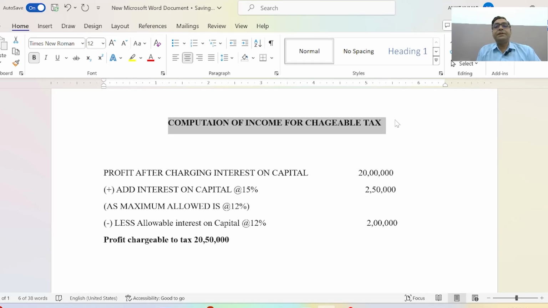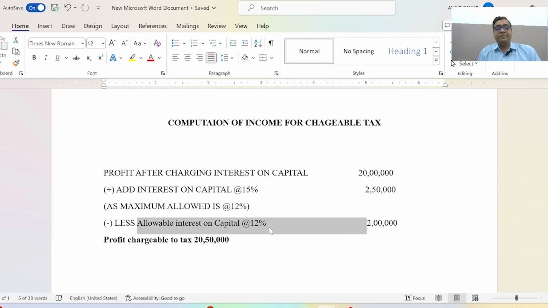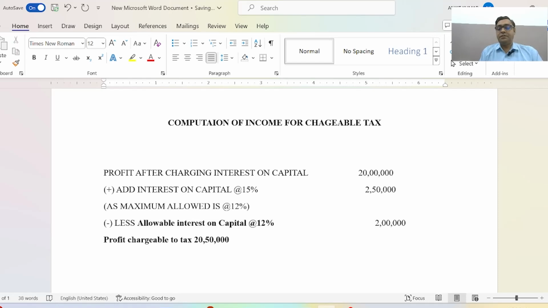Interest on capital as per the partnership deed is 15%, 2 lakh 50,000, but in this question interest on capital allowed is only 12%, which is 2 lakh.